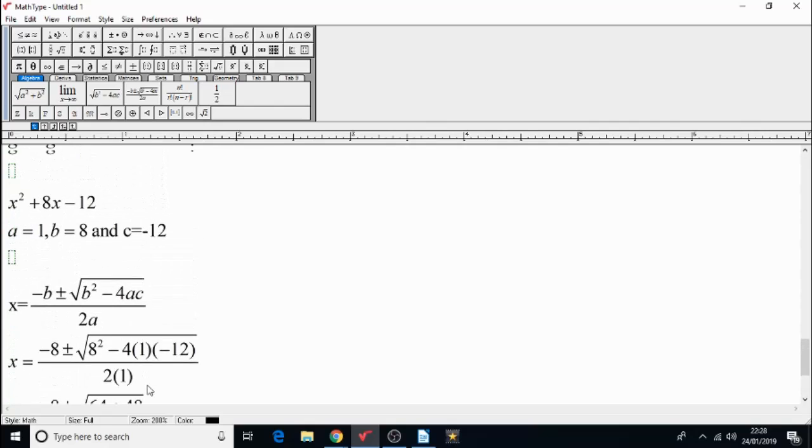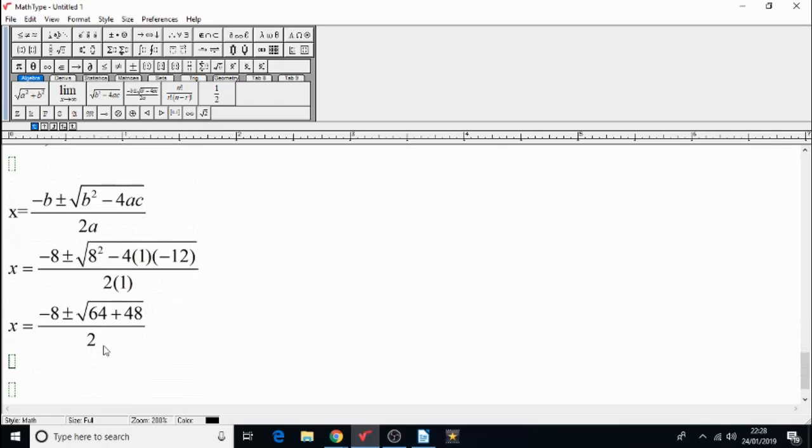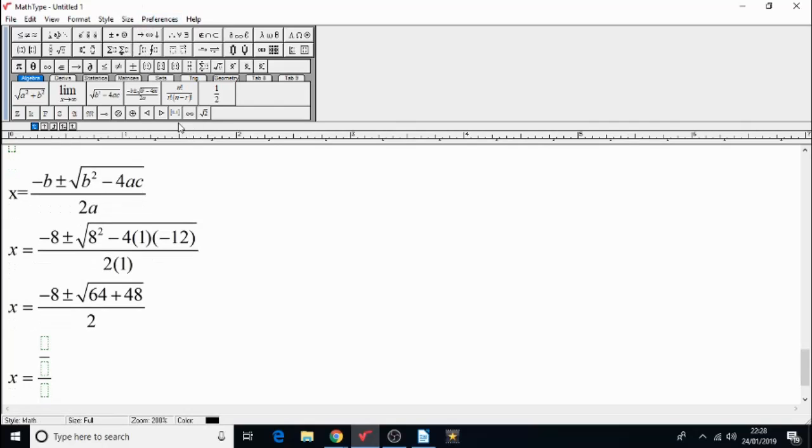But remember, the question is asking to leave it in the form of a plus or minus b over the square root of 7. So we're not done. So x is equal to minus 8, oh, I put a fraction within the fraction.